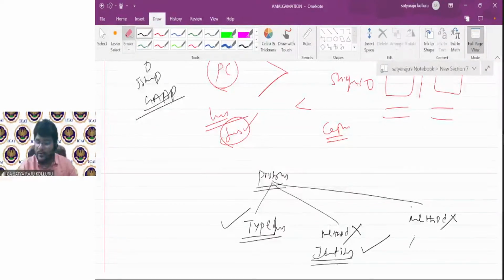Then take an assumption. I assumed that the amalgamation is amalgamation in the nature of merger, or I assumed that the amalgamation is amalgamation in the nature of purchase. Accordingly, you can resolve the problem.